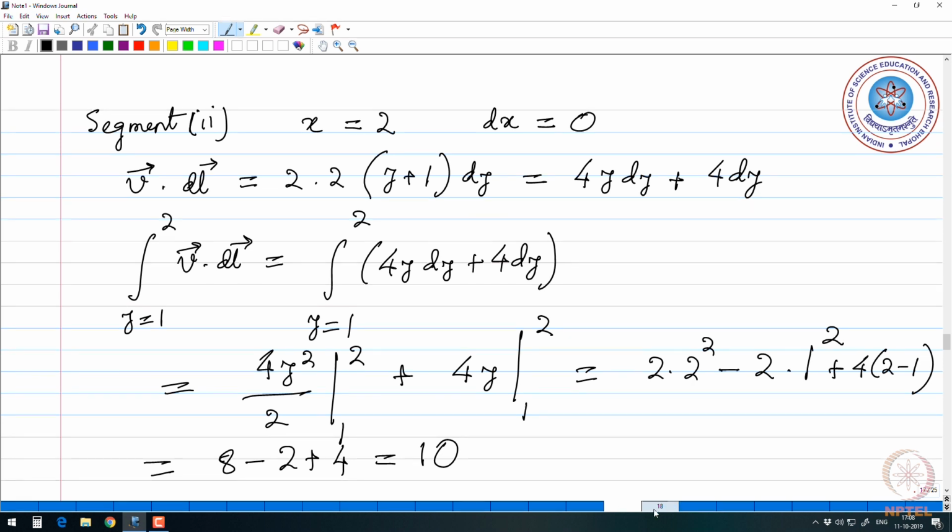So, the sum of segment 1 and segment 2 becomes 1 plus 10 equals 11. Now, let us move on to the blue path in the example. On the blue path, the equation of that path is x equals y.